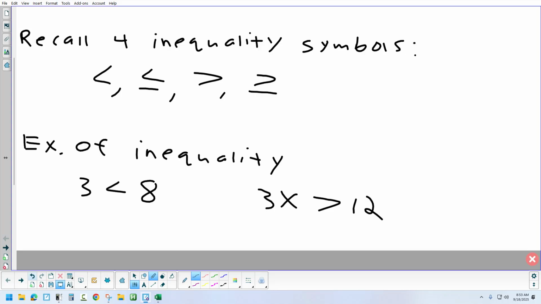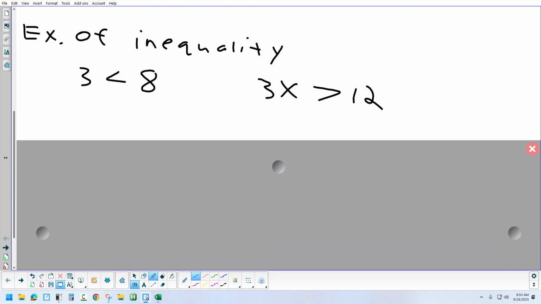I guess I don't have a good way to describe it then. Anyone have a? Yeah? Flip the sign. Flip the sign. That's it. Yep, flip the sign. So if you divide or multiply both sides by a negative, you're going to take the sign and flip it. That's only if you divide or multiply by a negative.